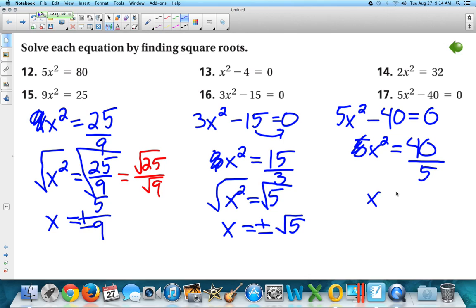So x squared comes out to be 8. Take the square root of both sides. And this square root will simplify because 8 equals 4 times 2. So x is equal to plus minus square root of 4 is 2, and then I leave the 2 inside the square root.